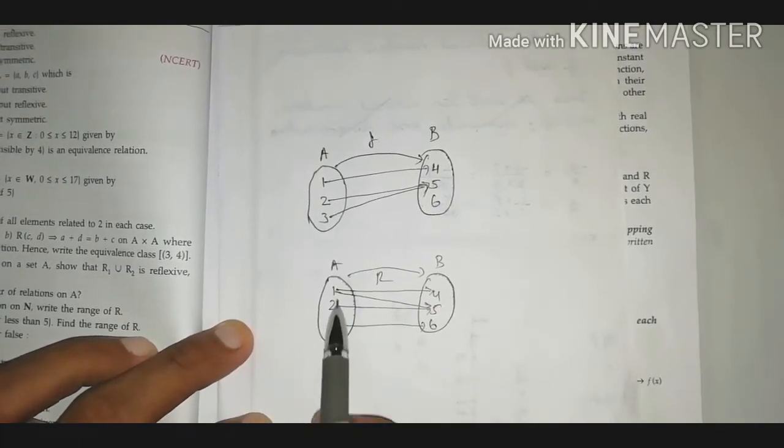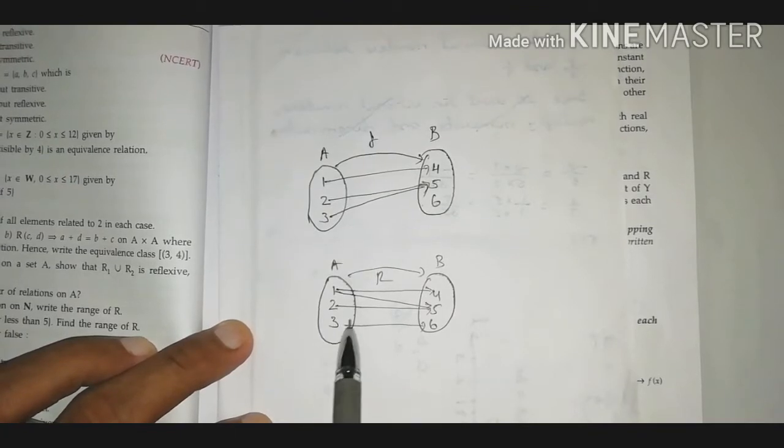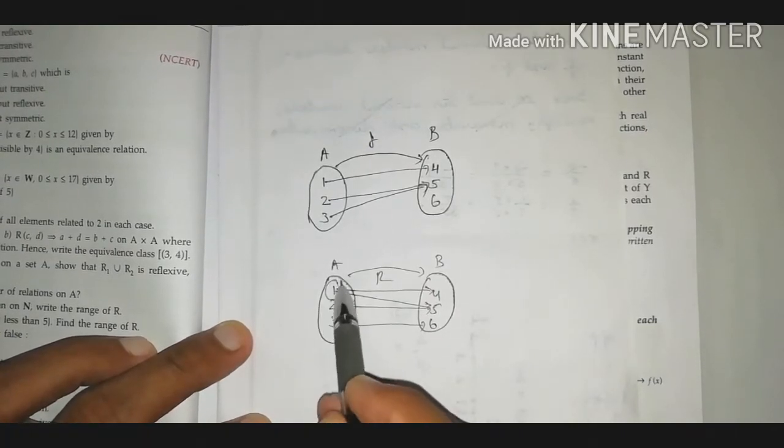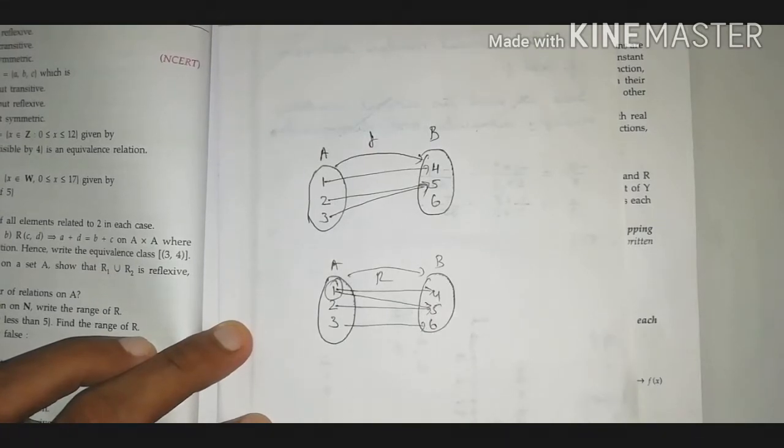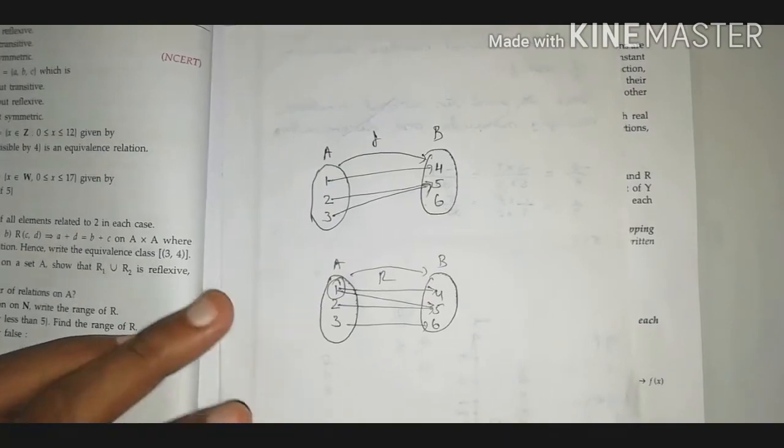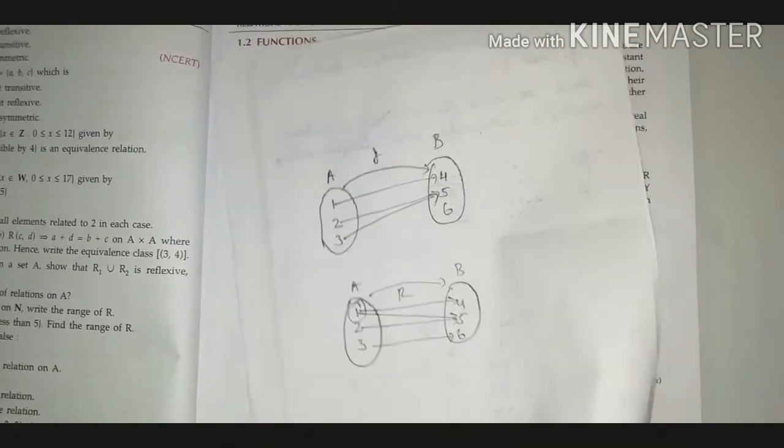Here all the elements have their own images in B, but when we check, 1 has two images in B. So 1 has more than one image, the image of 1 is not unique, and we cannot consider this relation a function. I think you have all understood this.